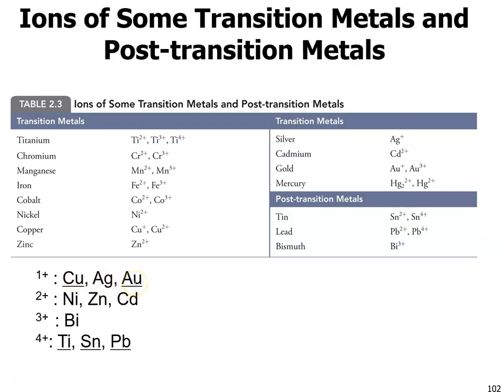Gold will be typically a +1, but can be a +3. So underlined ones can be other forms, but more typically, titanium is going to mostly be a +4, although it can be found in other forms; this is the primary state. Tin is typically going to be a +4, not a +2, although it can be. Just examples of that.